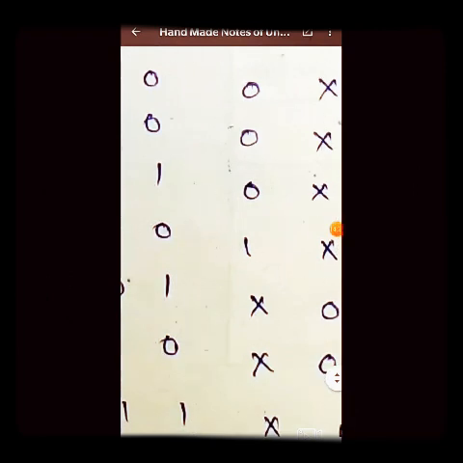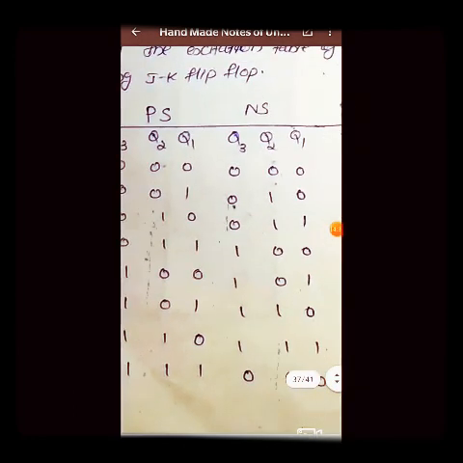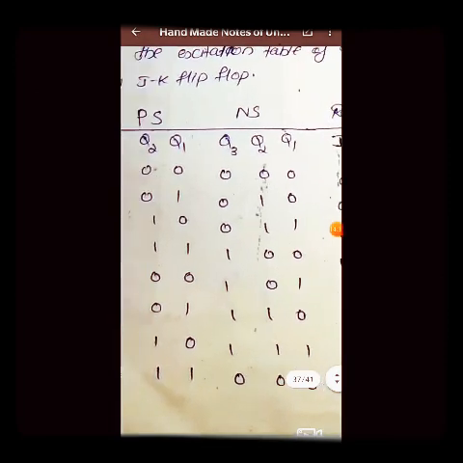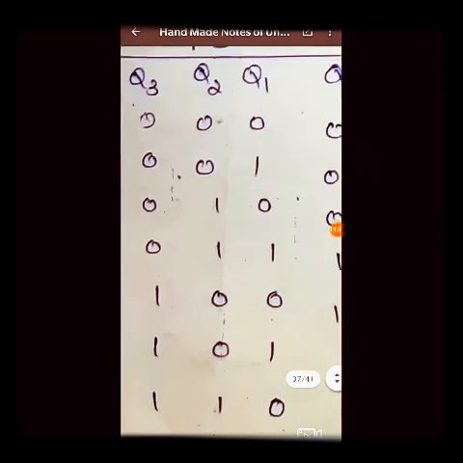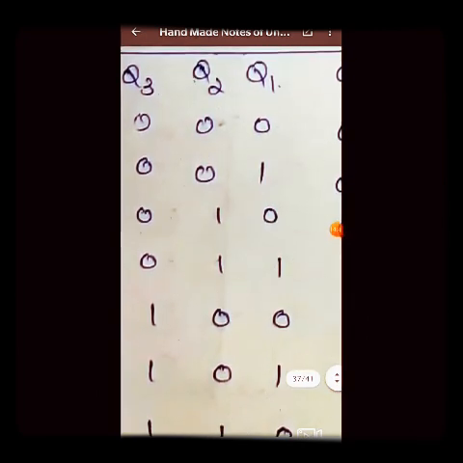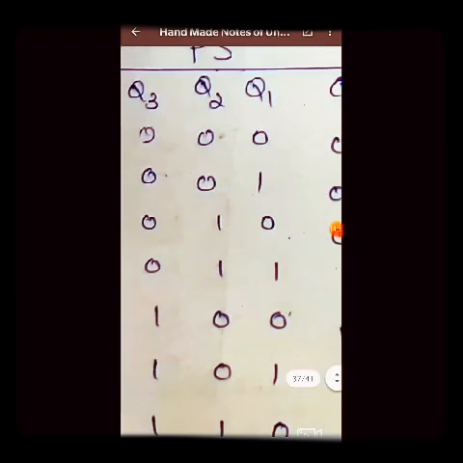If the value of J3 is 1, what are the values of Q1, Q2, Q3 for this J3? As you can see from the straight line, where the value of J3 is 1, the value of Q3 should be 0 and Q2 Q1 should be 1 1. So now we know the value of Q1 Q2 is 1 1 and Q3 is 0.